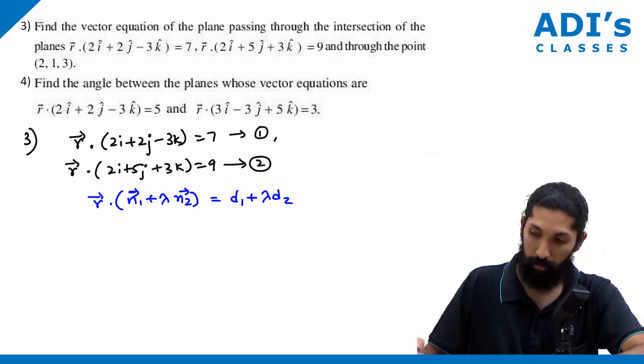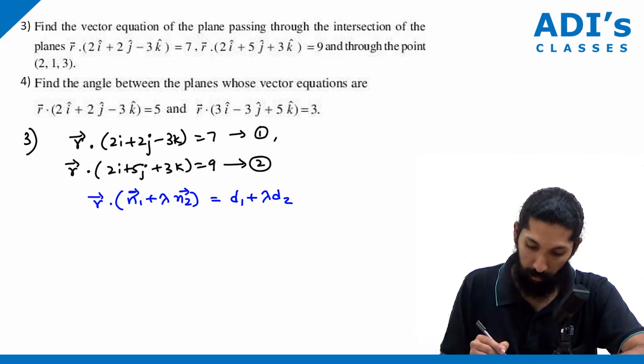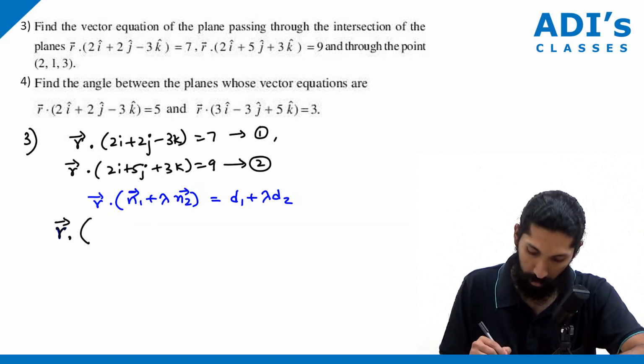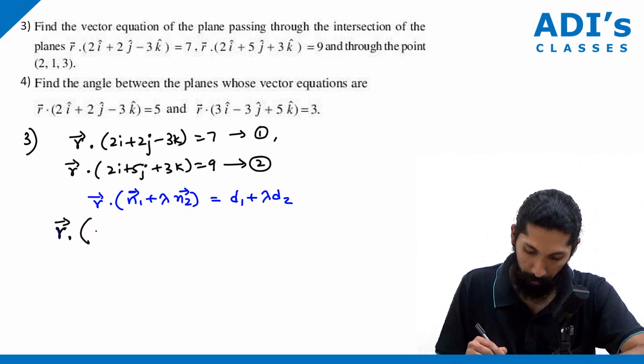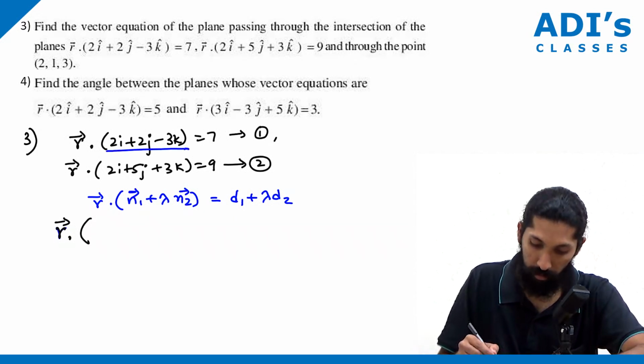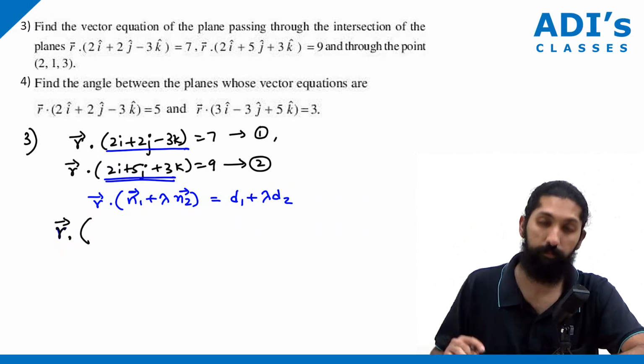Now let's do that. If you add, you will get r dot n1 plus this one. Basically what you're doing is this plus lambda into this one, isn't it?